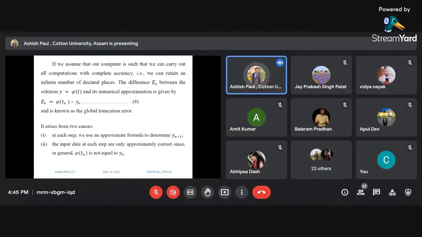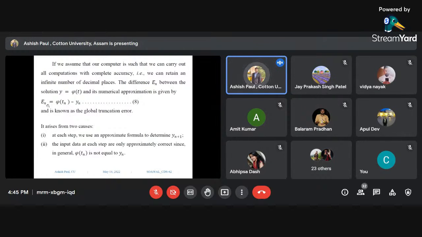So if we assume that our computer gives the exact value, still, if this yn is the expected result, that is by Euler's method, yn that we have calculated, that is the expected calculated value, and the exact value, this difference is known as the global truncation error.